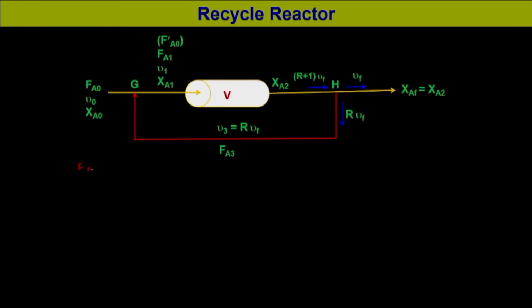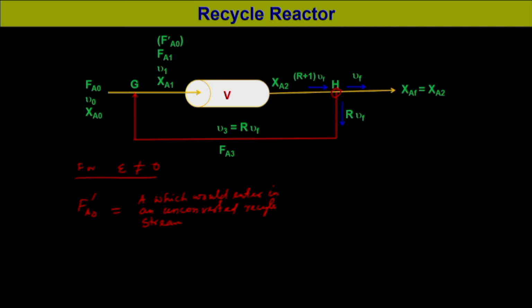So, for epsilon not equal to 0 and there is a split at point H, we can write F A naught dash is equal to A, which would enter in an unconverted recycle stream, plus A entering as fresh feed.